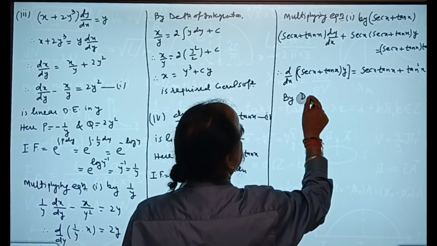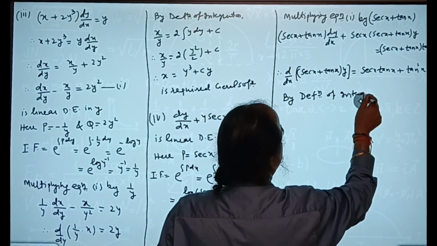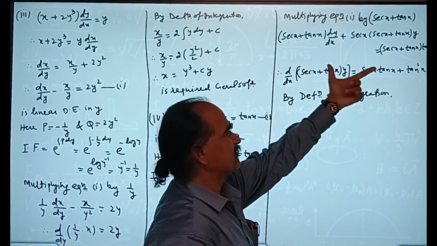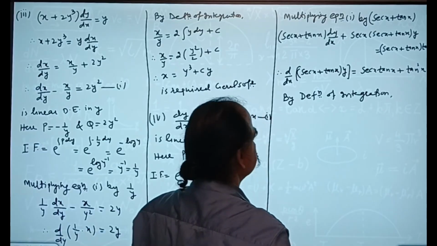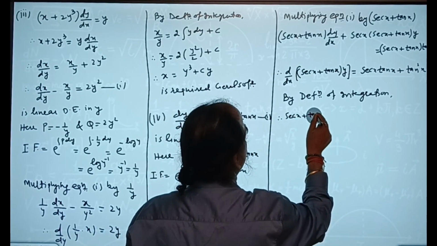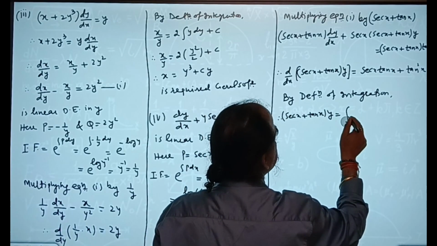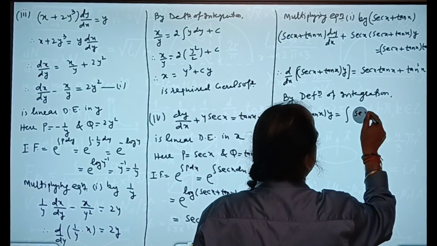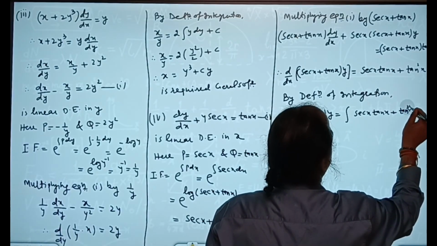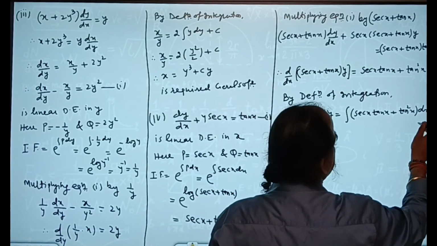By definition of integration, derivative of this is this. So integration of this will be this function. (sec x + tan x) into y is integral (sec x tan x + tan² x) dx + c.